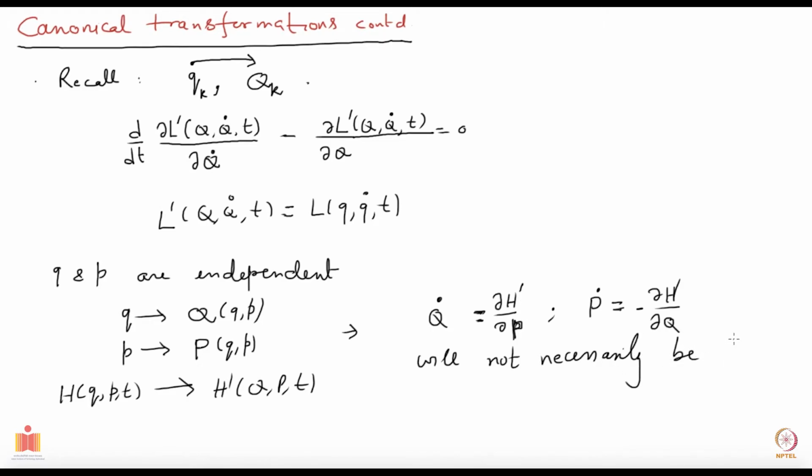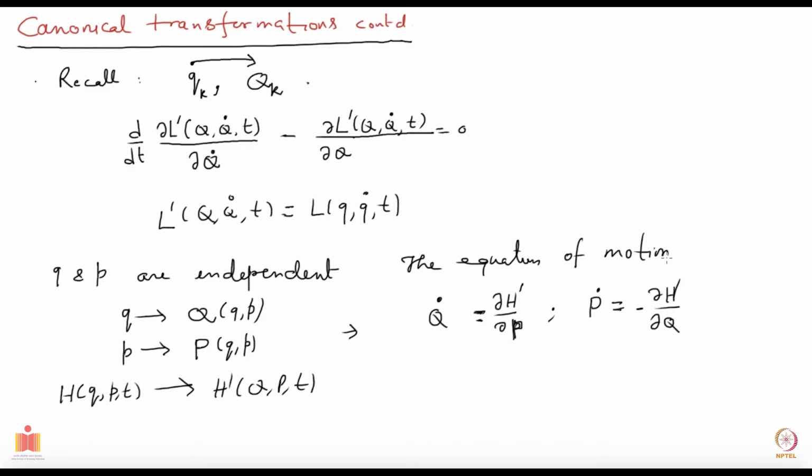Let me put it a different way: under a general coordinate transformation, the equations of motion will not be in the canonical form.